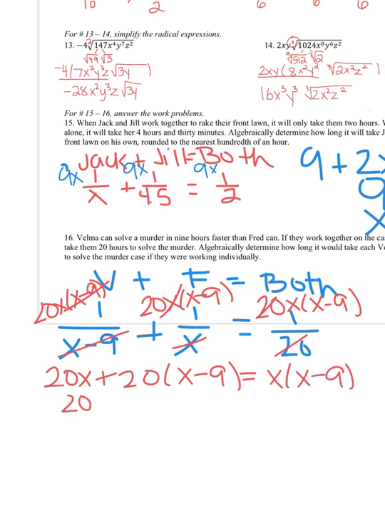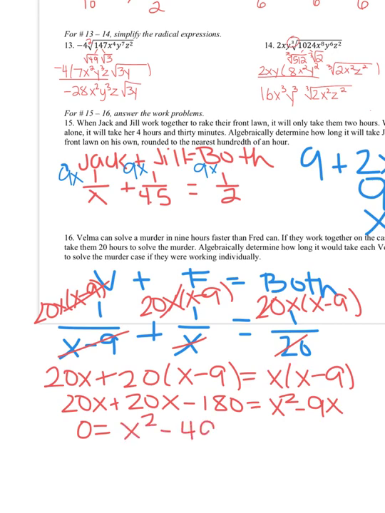So this is 20x plus 20x minus 180 equals x squared minus 9x. I set it equal to 0. 0 equals x squared minus 49x plus 180.